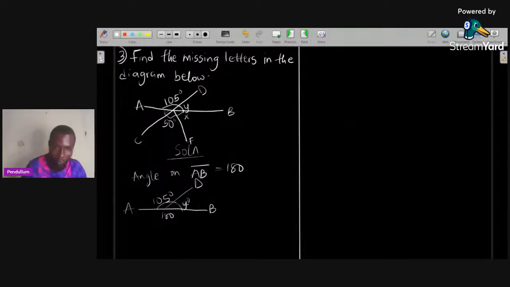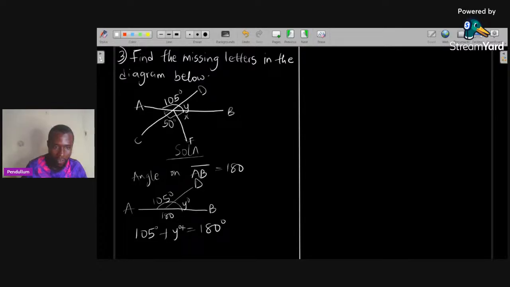So it is very logical to say that 105 degrees plus Y degrees is equal to 180 degrees. Because the total angle from here to here is 180, and from A to D is 105, so if I add 105 to whatever Y is, it should give me 180.